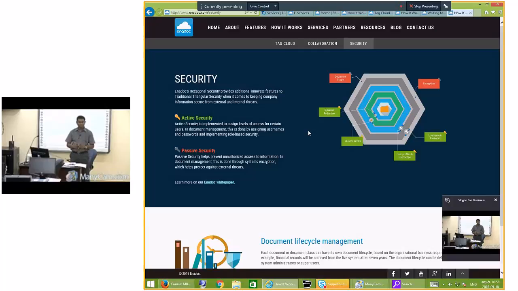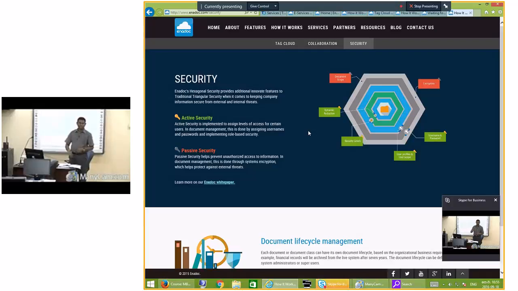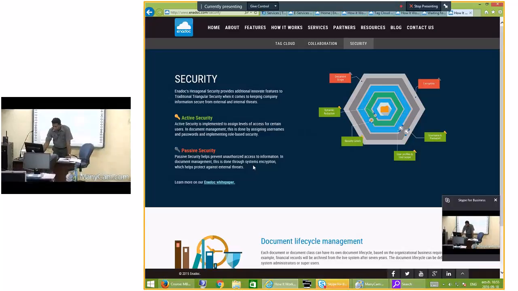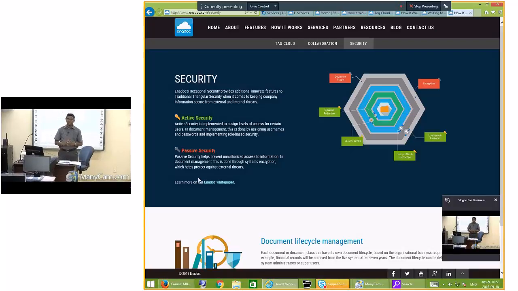The user in, say, the HR department can see the invoice without the address and the name of the customer, right? The other thing is passive security, where you can encrypt that information so that nobody can restore the database or whatever and have access to the information.